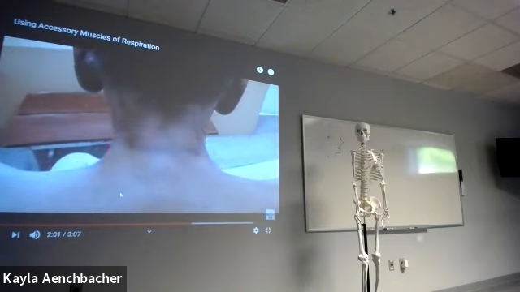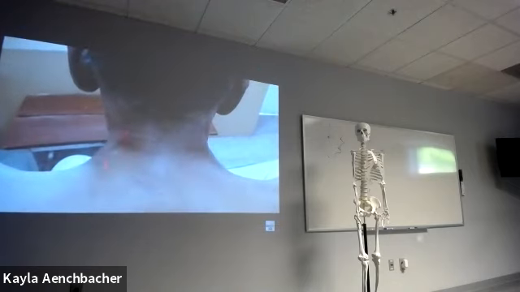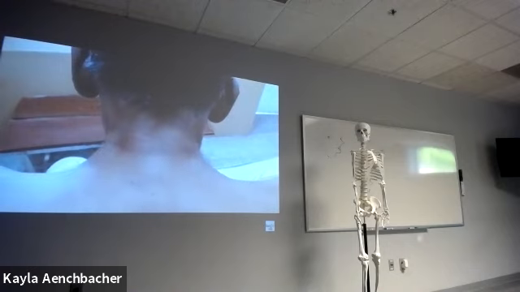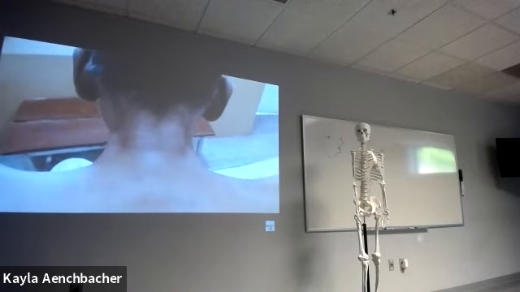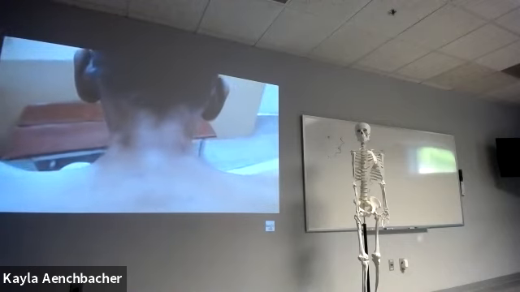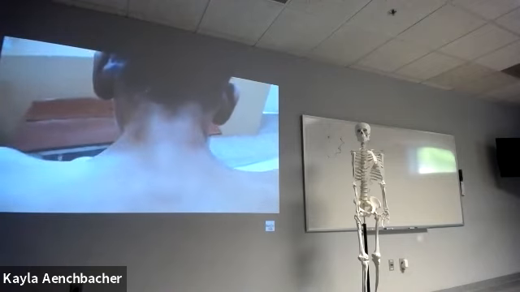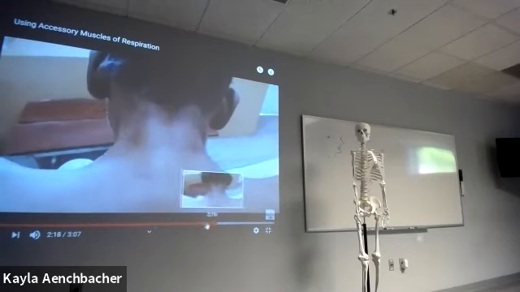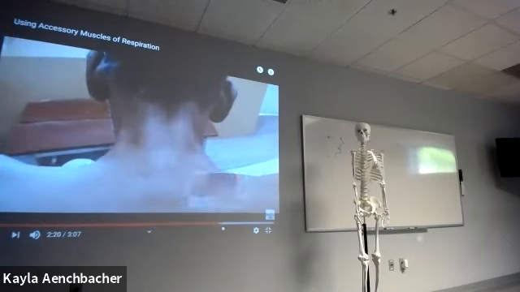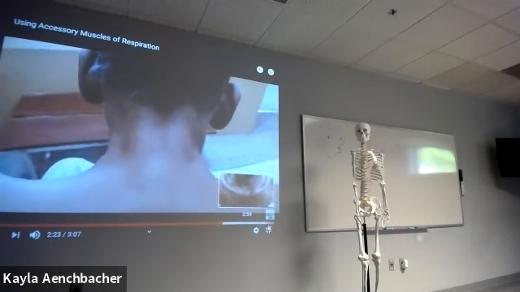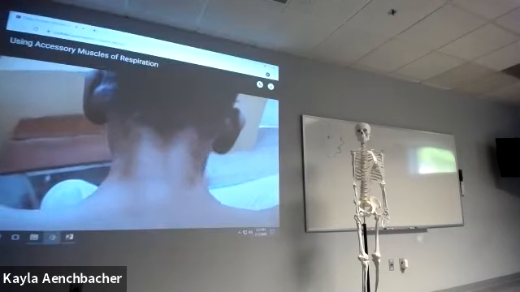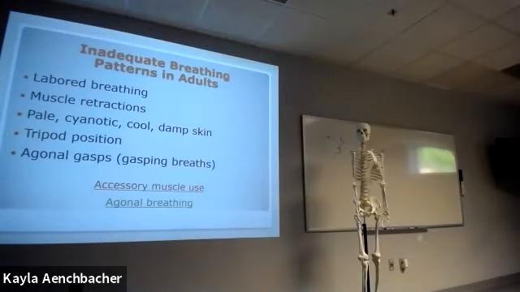Again, neck muscles. Okay, you guys get the idea. I should not be able to see that much movement because I could probably count his respiration from the window, walking the room.